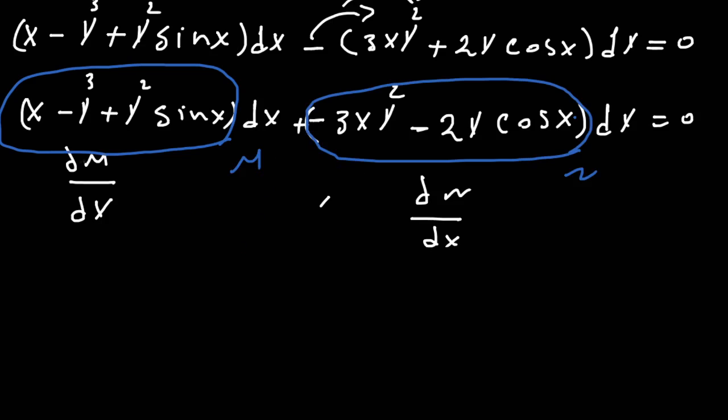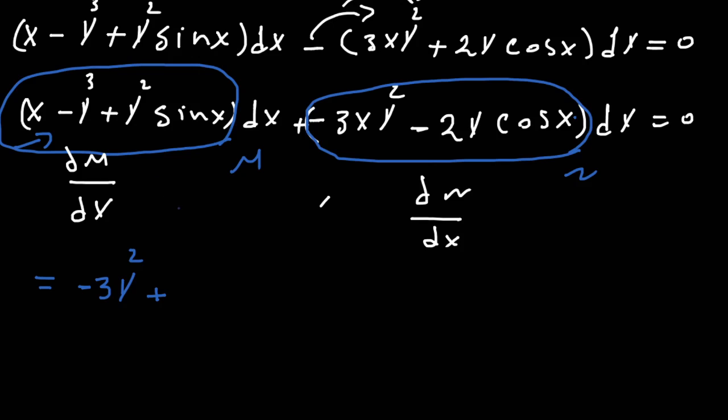So let's differentiate M with respect to y. So I'm going to differentiate this part with respect to y. The derivative of x with respect to y is 0, and the derivative of minus y cubed with respect to y is simply minus 3y squared. Then plus, we have a product differentiation here between y squared and sine x.